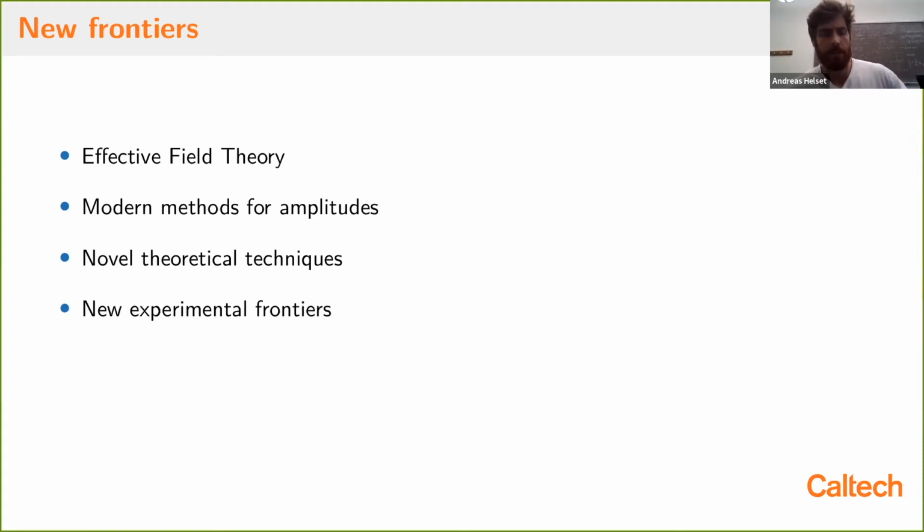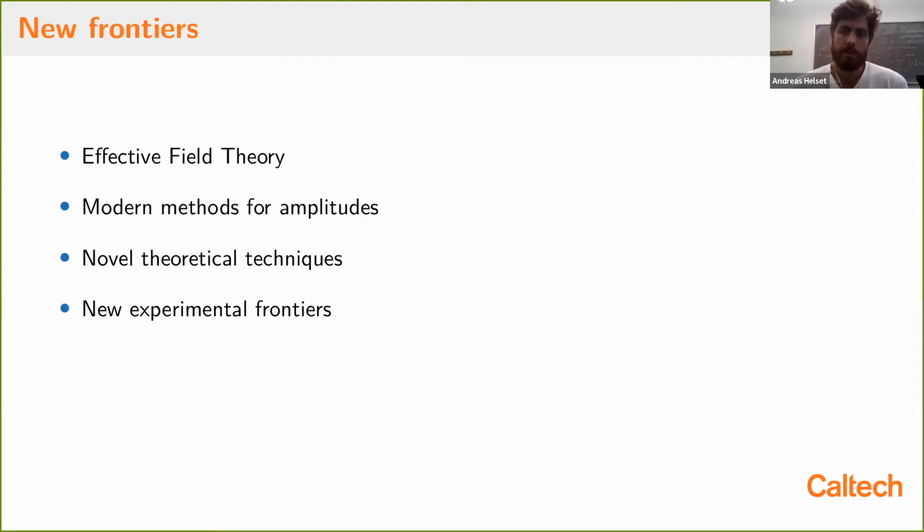The second area that I've been working on is these modern methods in amplitudes, which is a loose collection of ideas developed throughout the last 30 years, plus some resurrection of very old ideas. They try to tackle the calculation of amplitudes from new and different angles.